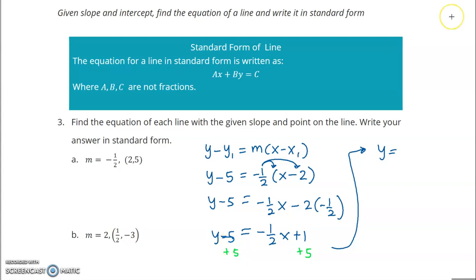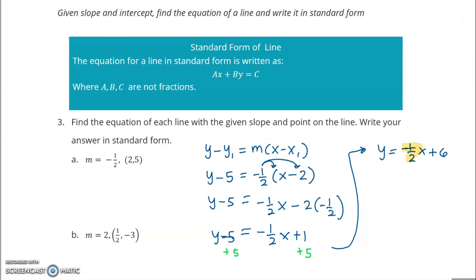That gives y on our left-hand side. And then we have negative 1/2 x, and then 1 plus 5. So 1 plus 5 is equal to 6. So plus 6.